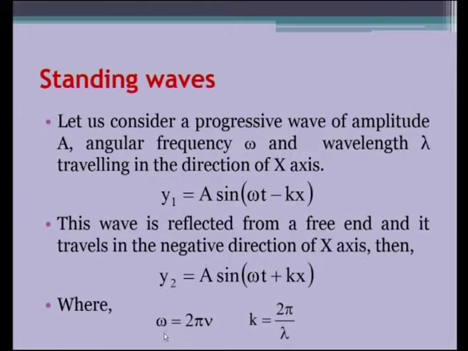We know that omega is 2 pi nu, here nu is the frequency, omega is called angular frequency. Similarly, k is equal to 2 pi by lambda, lambda is wave length and k is wave number. We have specified the two waves are obtained by method of reflection.